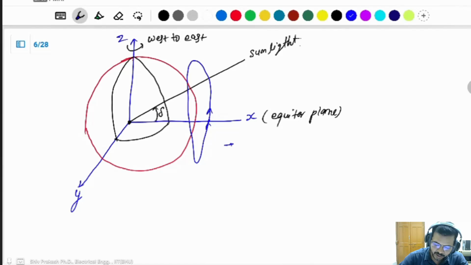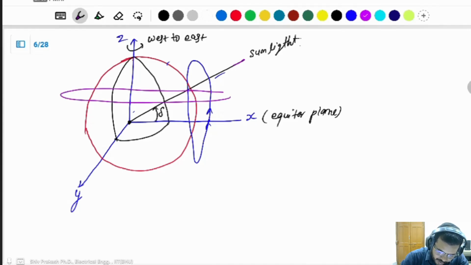This declination angle goes to a maximum of 23.5 degrees, because the earth is tilted at 23.5 degrees. Then what is the hour angle? The hour angle depends on the hour, the time of day, and it varies from here to here. This sunlight varies only from here to here, like that. Suppose there is a ball, like that.